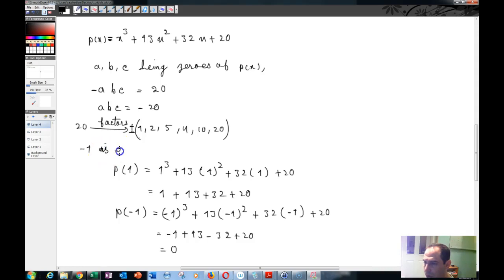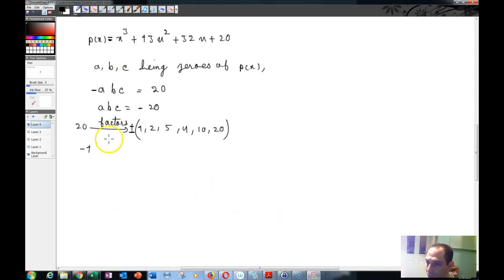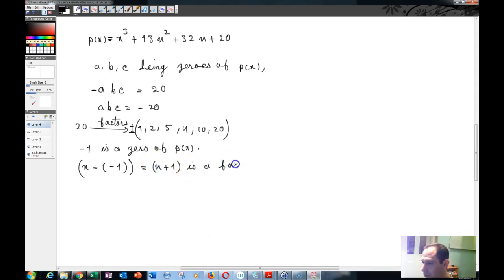Negative 1 is a 0 of P of x. So since negative 1 is a 0 of P of x, then x minus negative 1, which is the same thing as x plus 1, is a factor of P of x.